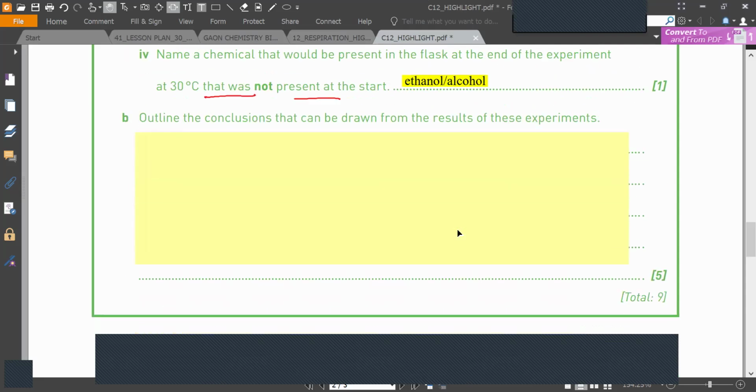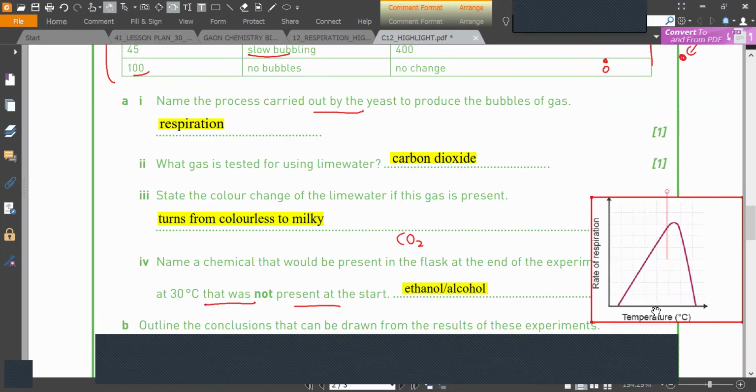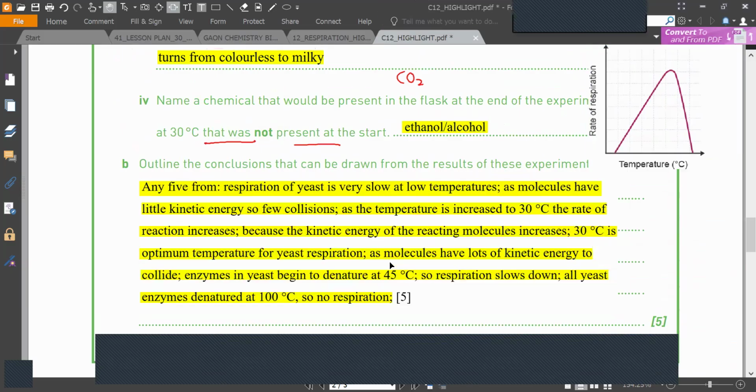Outline the conclusion that can be drawn from the results of this experiment. So this is our conclusion. Respiration of yeast is very slow at low temperature, as molecules have little kinetic energy, so few collisions.